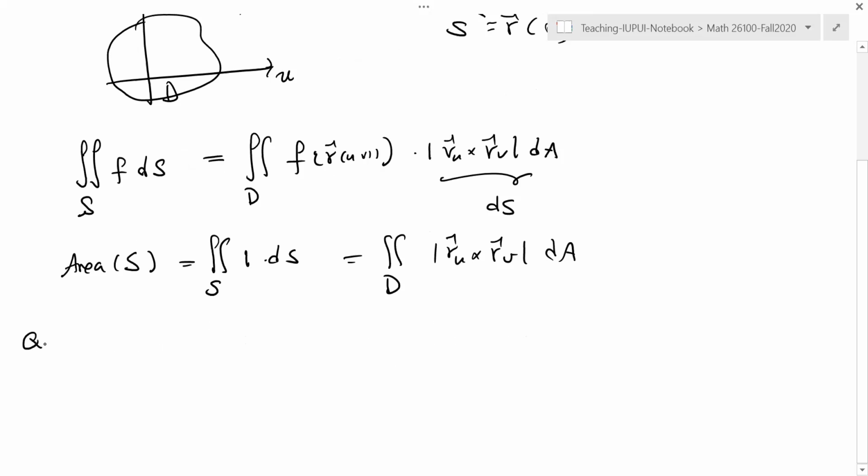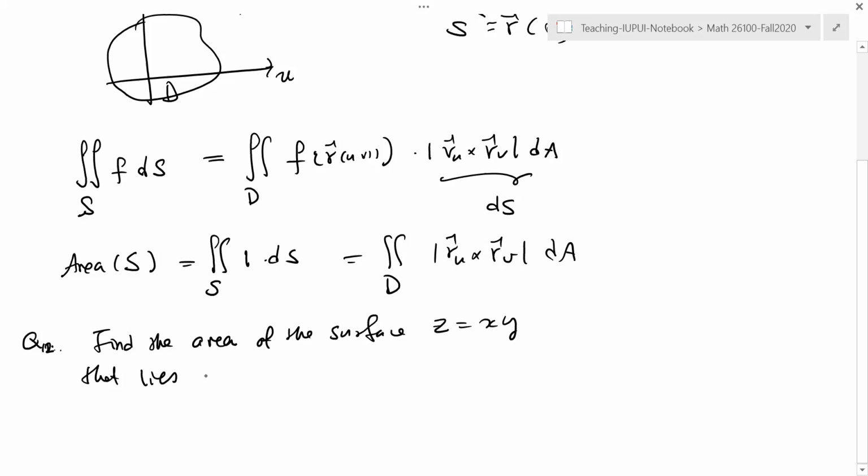So now we take a look at the problem. I think it's 11, 12. Let's find the area of the surface. This surface is hard to draw, given by this equation.